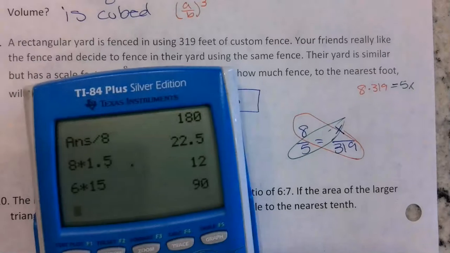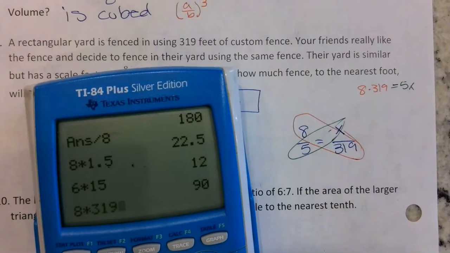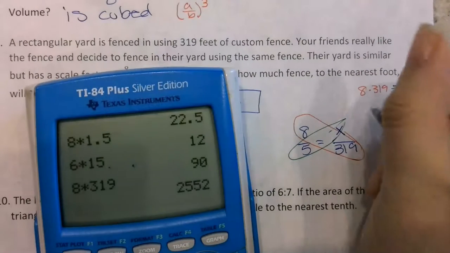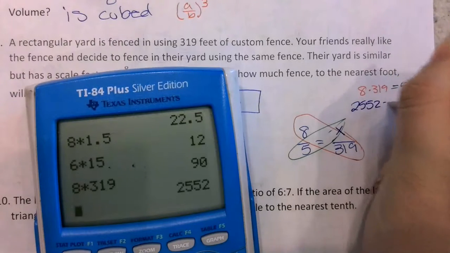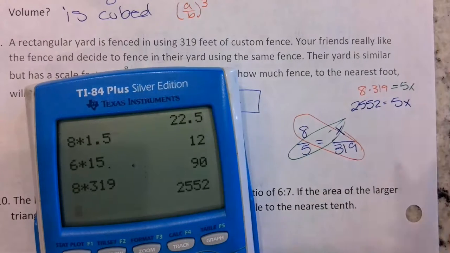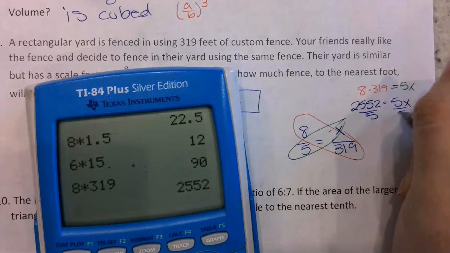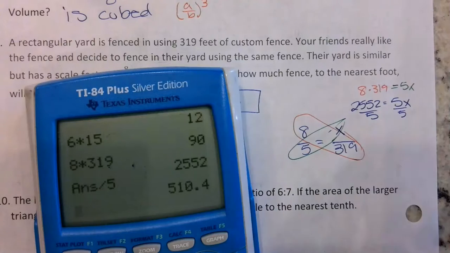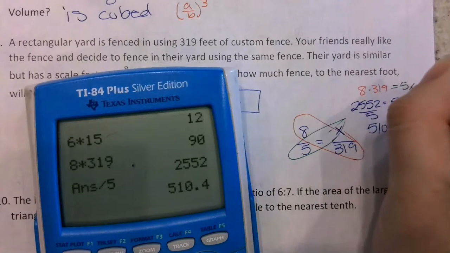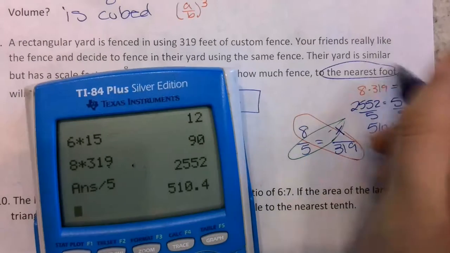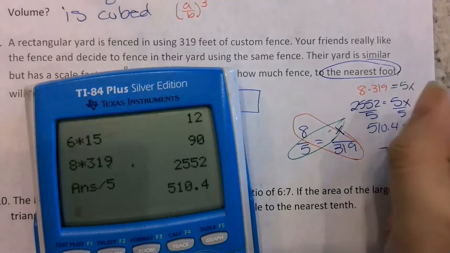So then I'm going to do 8 times 319, which gives me 2552. Still equals 5x. I want to divide both sides by 5. I get 510.4 equals x. It wants it rounded to the nearest foot, so it's going to be 510 feet.